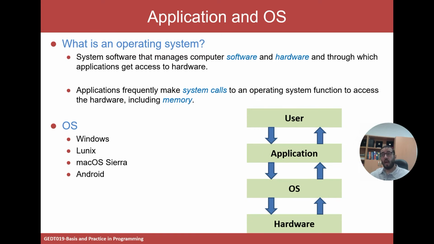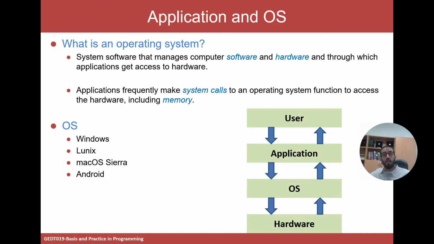So in this case, the application will ask the operating system, I want to use the keyboard, or I want to use the monitor to show something for the user, or I want to use the mouse to control the user interaction with the software.